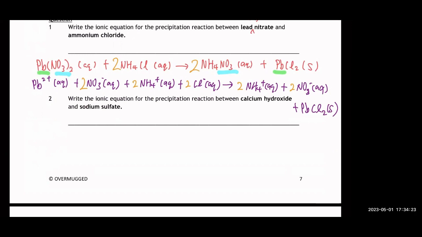Tell me what to cross out, please. Anything else? Awesome. So my final answer, fairly straightforward.